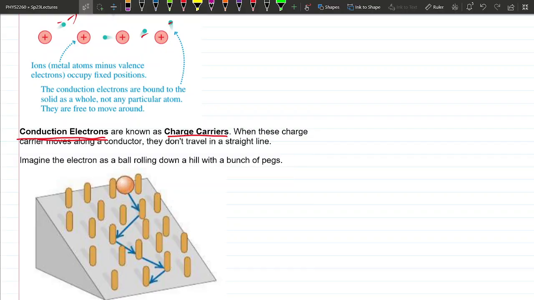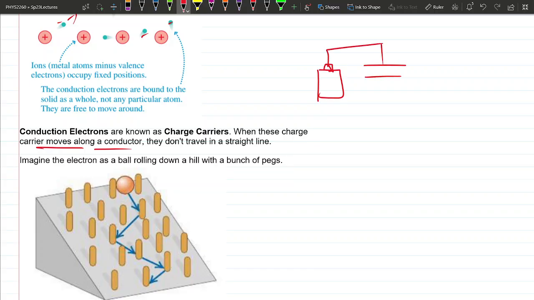But the main thing to understand is that conduction electrons or charge carriers are the things that actually move charge from one side to the other. They are the ones that move from the battery onto the positive plate of your capacitor. You have a little battery here.